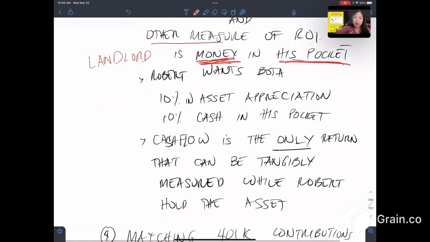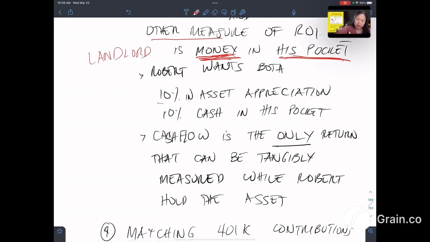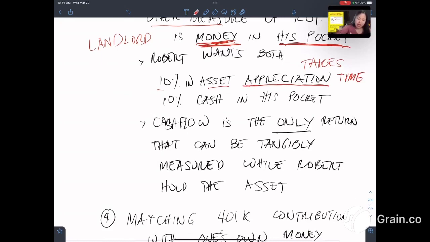Now, Robert wants both: 10% in asset appreciation. Appreciation takes time. It just doesn't happen immediately. And 10% cash in your pocket. Now, the other thing that I would contribute on the appreciation, it takes time.